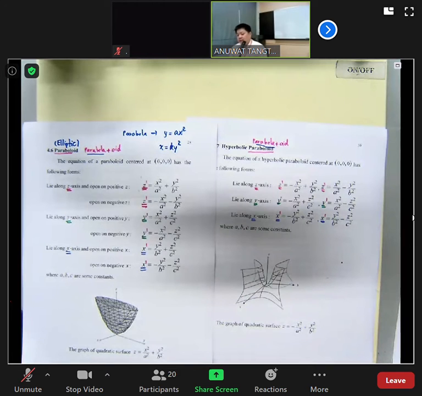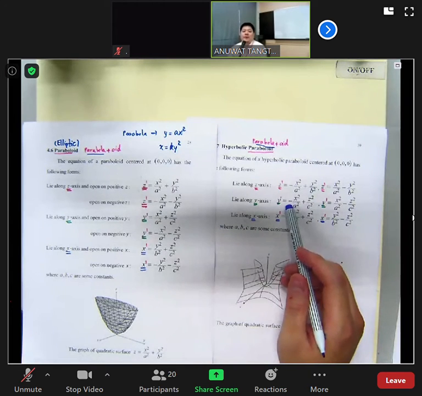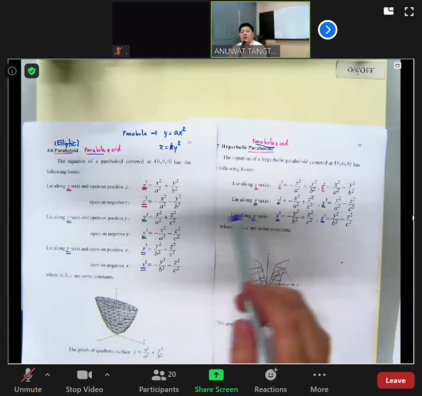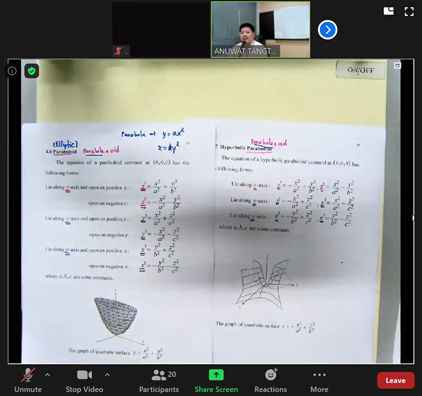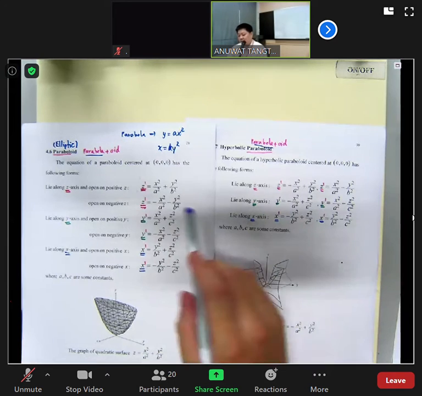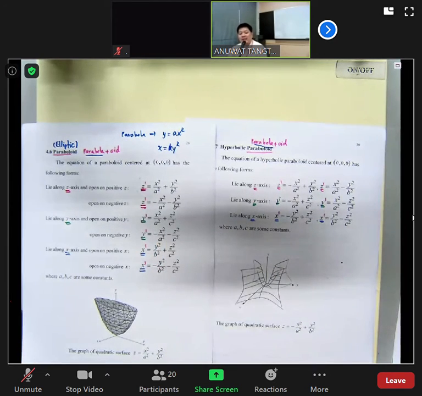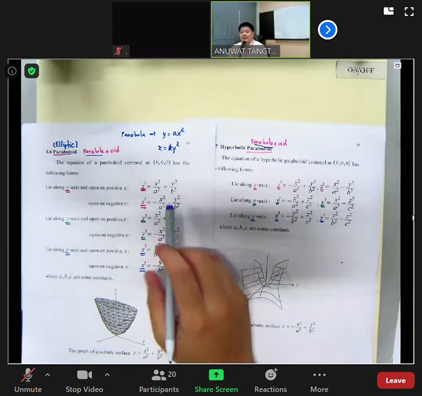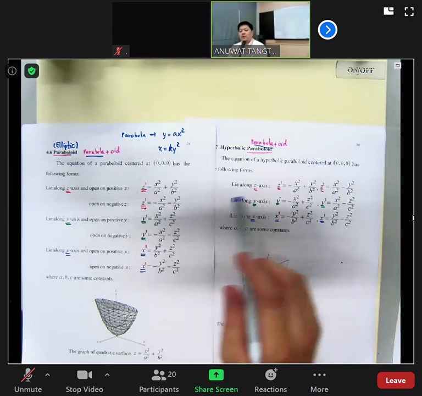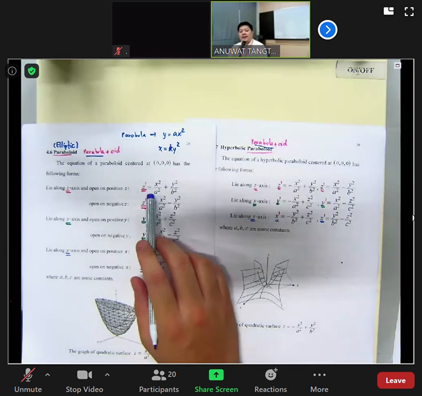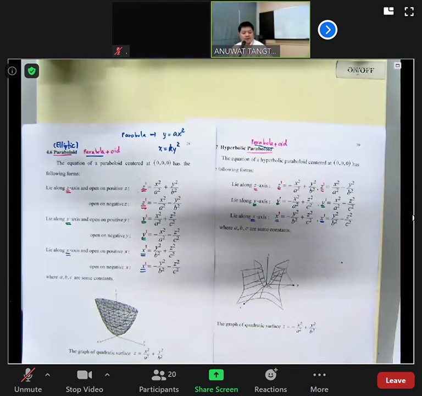Now, to write down the equation of the paraboloid, we need to write down the variable of exponent 1 on the left-hand side, and then push everything else to the right-hand side. The 2 squared terms should be on the right-hand side. Once we move them to the right-hand side, the left-hand side contains only one variable with exponent 1. And then the way we can find out what the surface is is just to look at the signs.